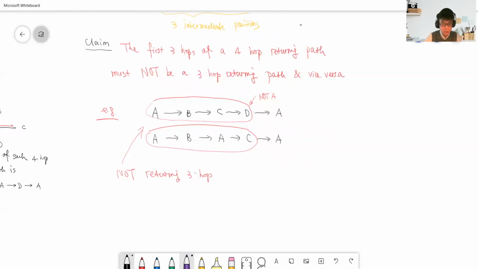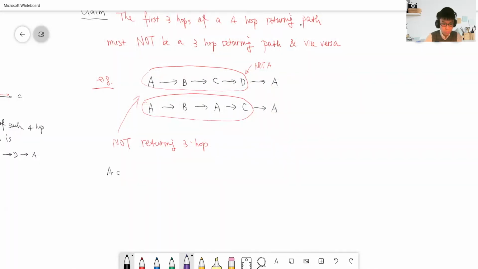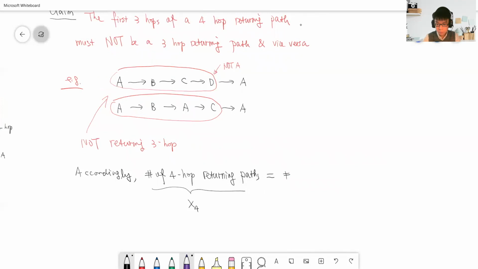So we can find an equation connecting x3 and x4. Accordingly, the number of 4-hop returning paths, this is x4, equals the number of 3-hop not returning paths.